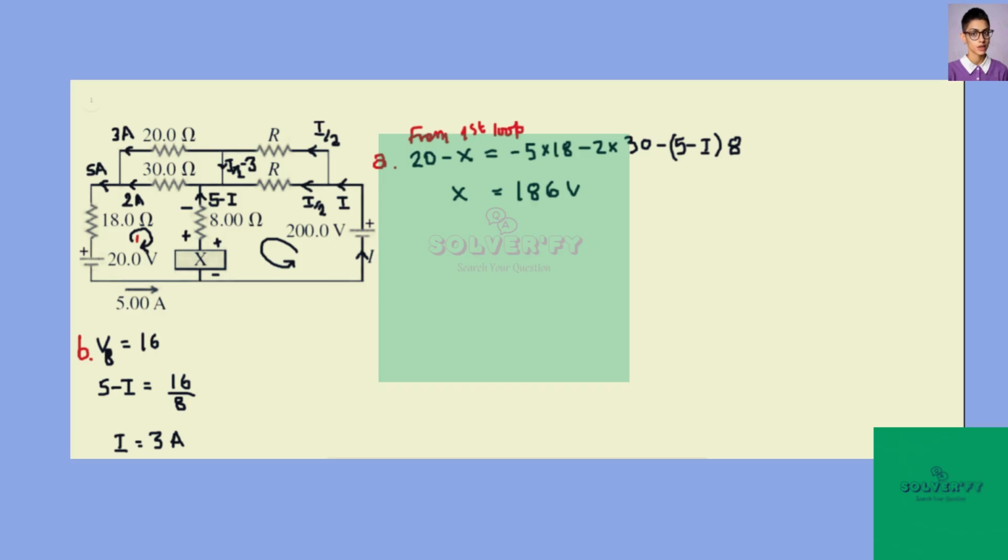This is what we get from the first loop. Now let us look at the second loop. Look here: the value of x comes out to be positive. So yes, our assumption was correct. Positive is upwards and negative is downwards.